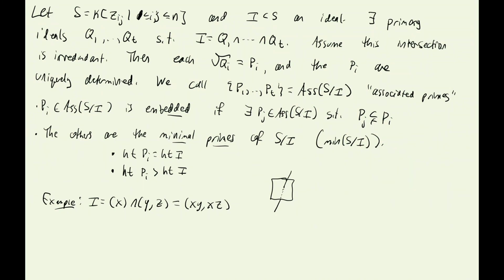Examples of embedded primes are a little bit of a lie as we draw these. If I have x squared comma xy, then up to radical, the radical of this ideal is just the ideal generated by x, so I'm just getting the y-axis.